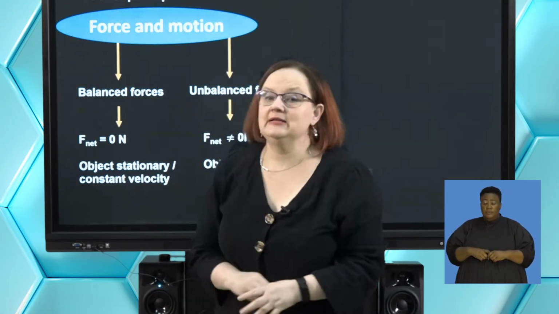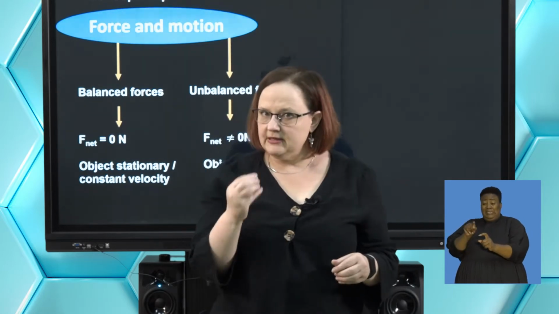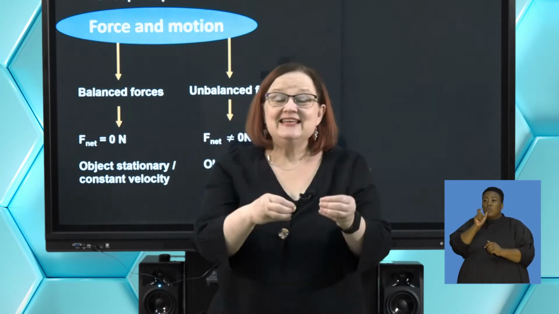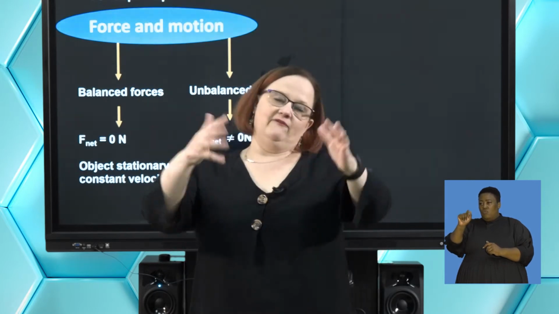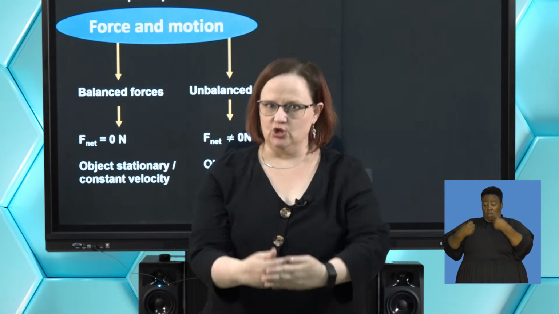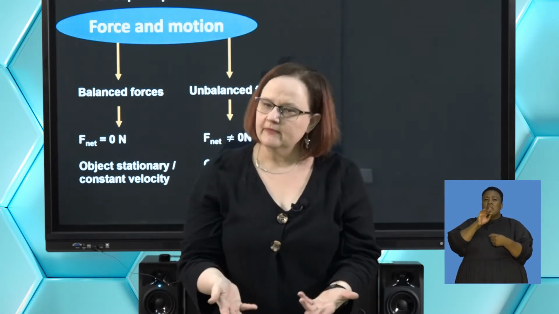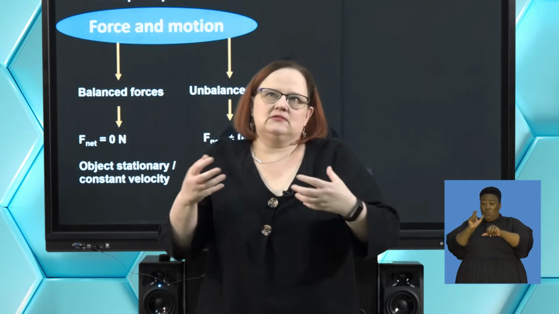What it does mean is my object's accelerating. Now here we've got to be careful with our terms, because we use the word decelerating in everyday language. So we'll say, if we're driving in a car, the car decelerated till it stopped. And we understand that to mean that it got slower. In science, we don't use the word decelerating because it's a language thing.